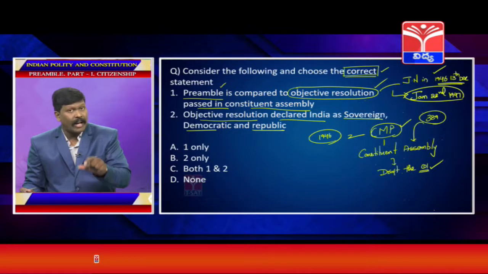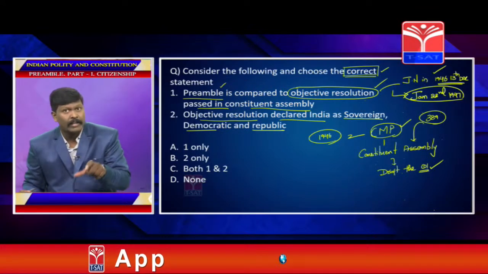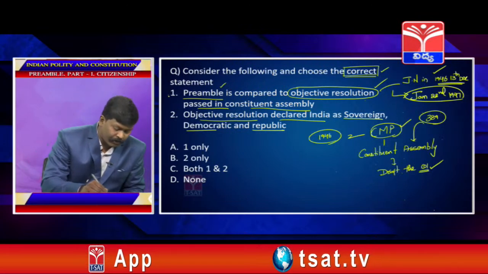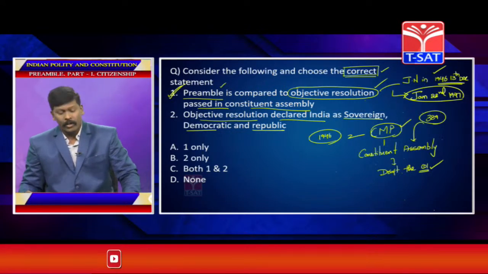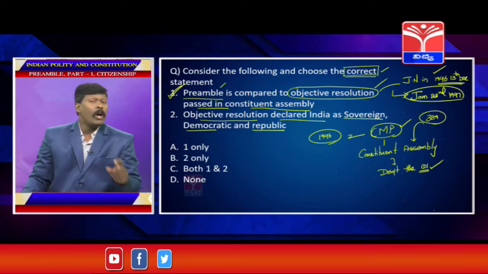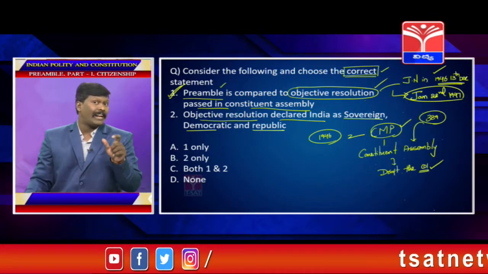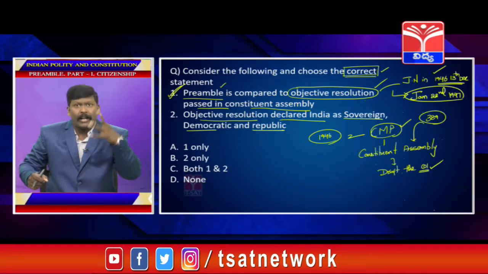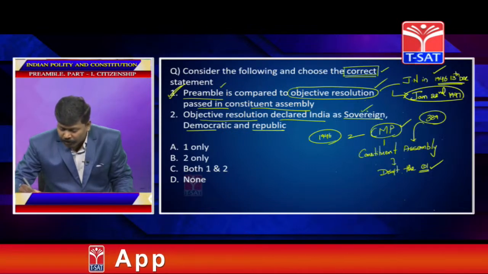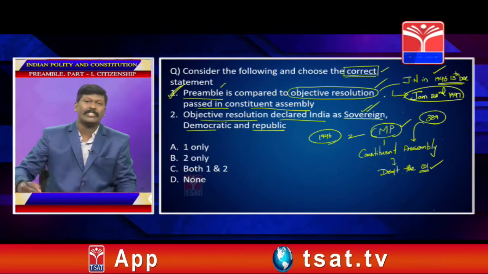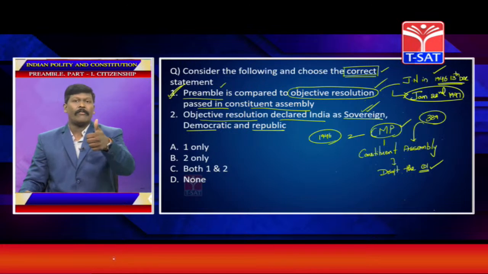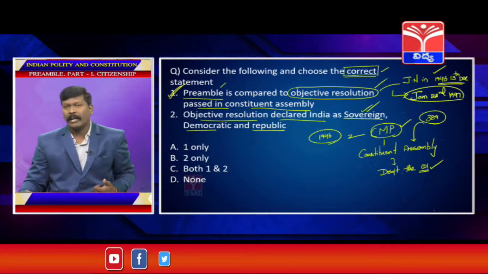Now, as I said in my statement that this was initiated in the Constituent Assembly, the first statement is correct. Now look at the second statement. The objective resolution declared India to be a self-sustained, independent country, that is a sovereign country. India is a sovereign, self-made, independent country.